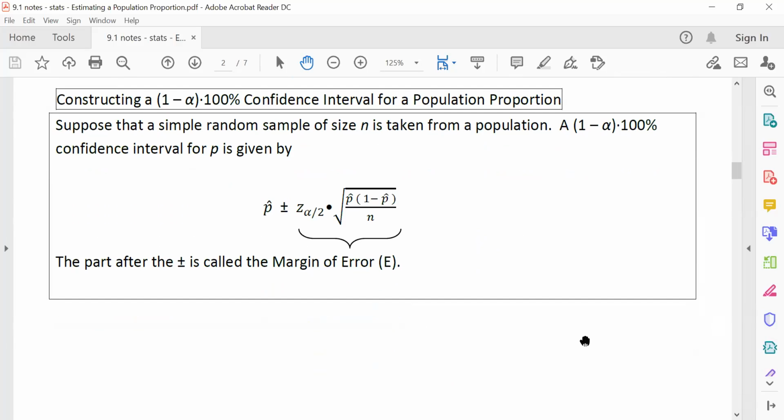Basically, suppose that a simple random sample of size n is taken from a population. A (1 minus alpha) times 100% confidence interval for the population proportion is given by this.